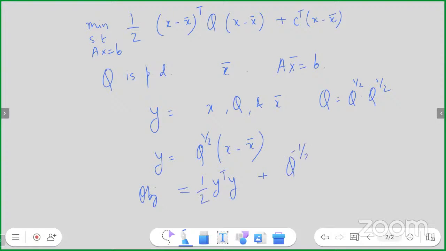This also exists because it's positive definite. Okay. And what happens to the constraint? So now let's start talking in terms of constraints. Let's see transpose here.